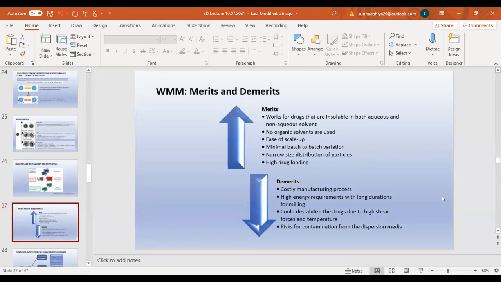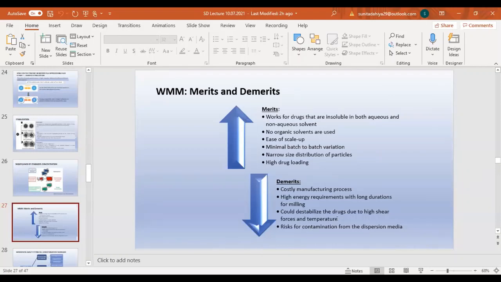Whereas the demerits include that the manufacturing is a costly process because the equipment itself is costly. There is high energy requirement with a long duration of milling, and there can be destabilization of the drugs due to high shear forces and temperature. So the shedding of the surfactant must be avoided.